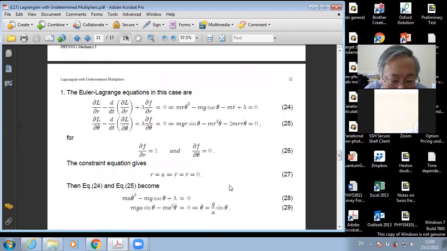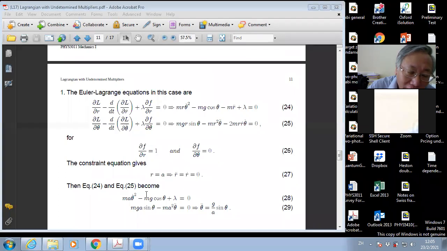Now the constraint equation tells us that r equals a. So r dot equals 0, r double dot equals 0. So equations 24 and 25 become m r theta dot squared minus mg cosine theta plus lambda, because r double dot equals 0.